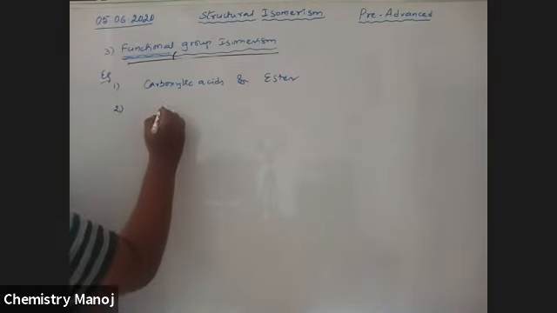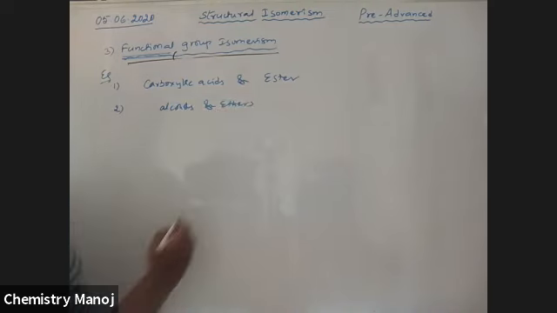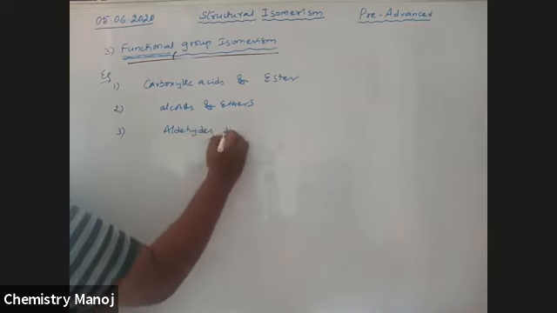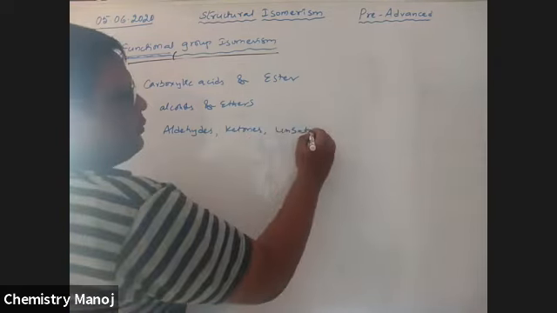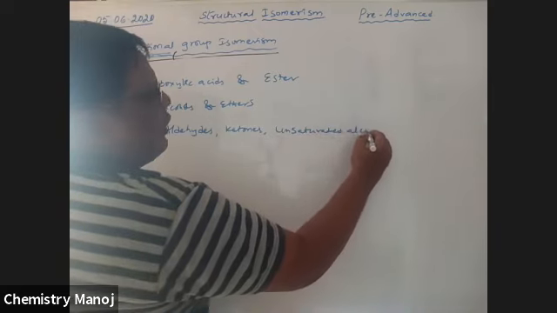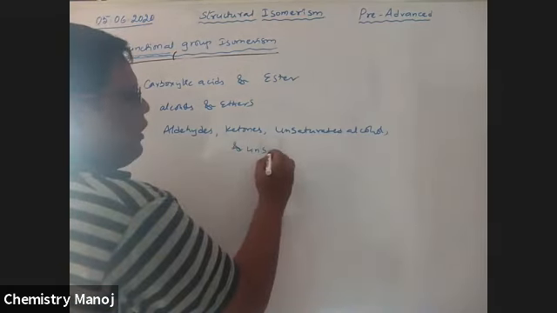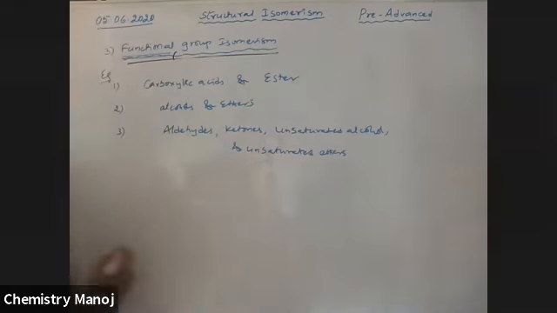Next, alcohols and ethers are functional isomers. Next, aldehydes, ketones, unsaturated alcohols and unsaturated ethers are functional isomers.